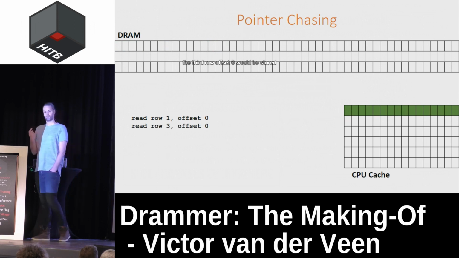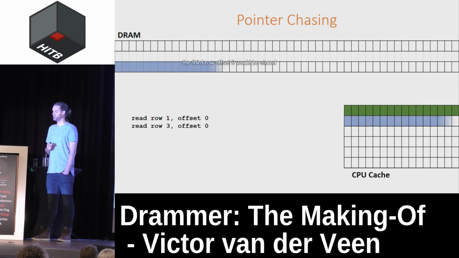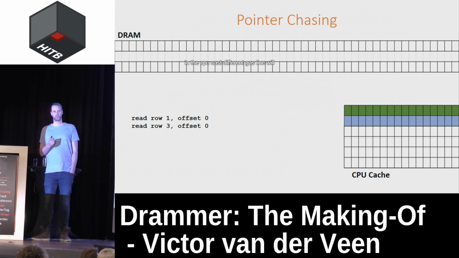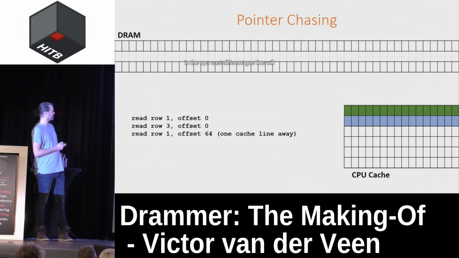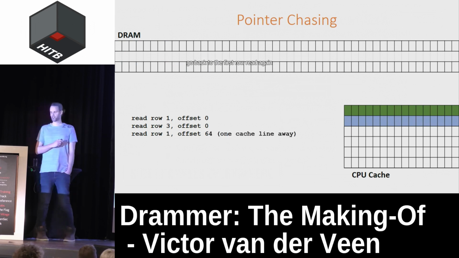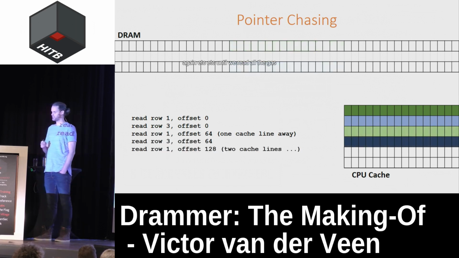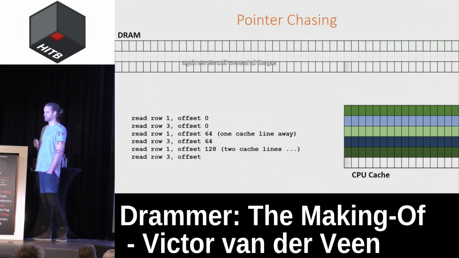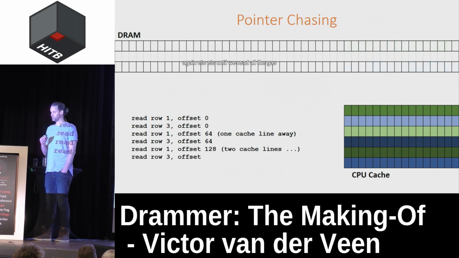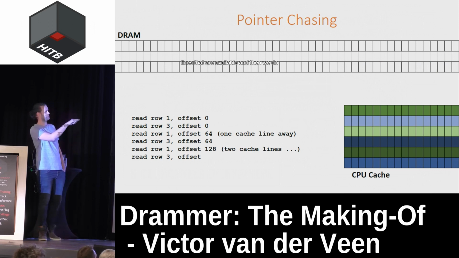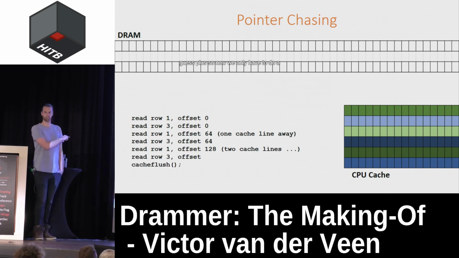We read from the third row, offset 0, which is stored in the CPU cache, a different cache line. We go back to the first row, read again, stored in the cache, go to the third row again, etc., until we read all the cache lines that are available, and then we do the cache flush.